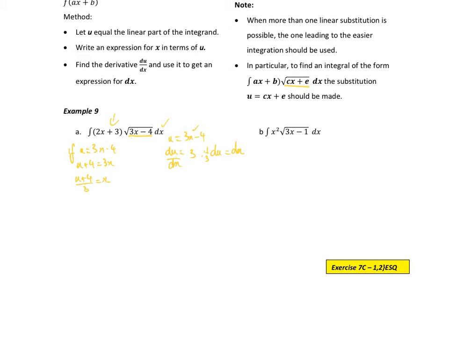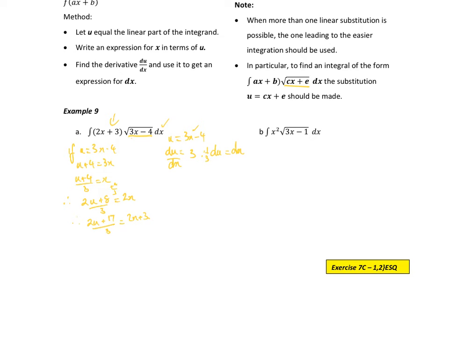So if I multiply that by 2, therefore I get 2u plus 8 on 3 is equal to 2x. Add 3, which is 9 on 3. Therefore 2u plus 17 on 3 is equal to 2x plus 3. And now I can replace the 2x plus 3.